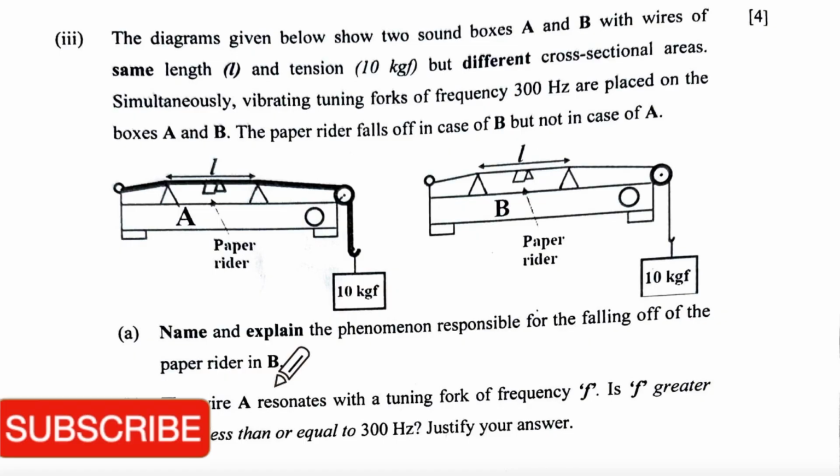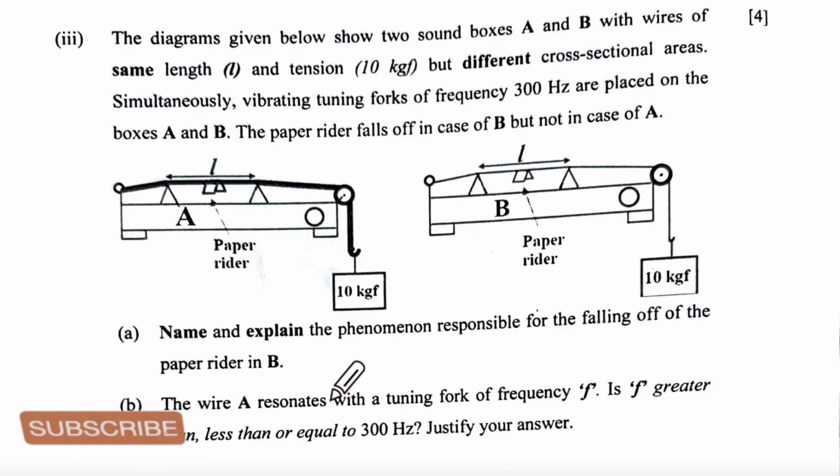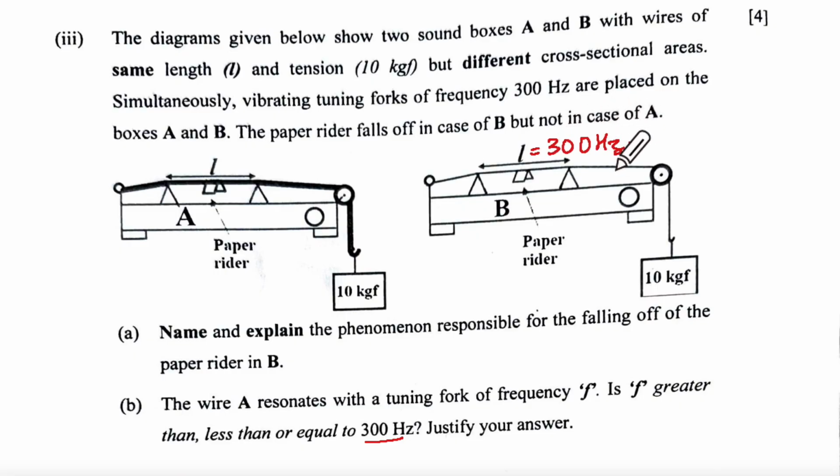Let's come to B part. The wire A resonates with a tuning fork of frequency F. Is F greater than, less than, or equal to 300 Hz? Now this length of the string resonated with 300 Hz, and they have different cross-sectional area.